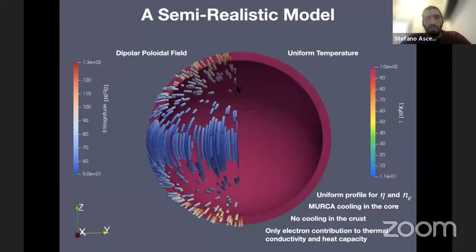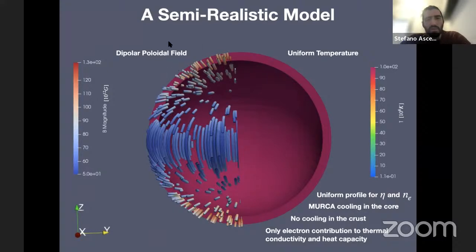And now I show you a run that is more similar to a realistic run. This object now almost resembles a neutron star, even if the microphysics that we are taking into account is not very realistic.